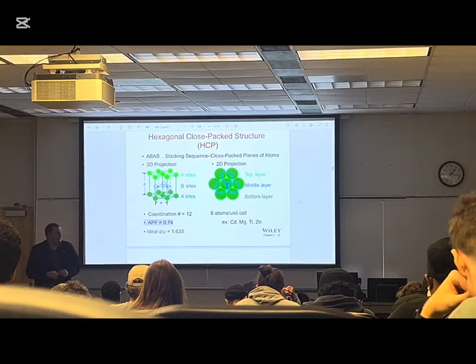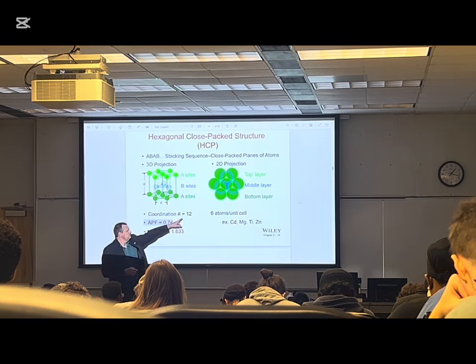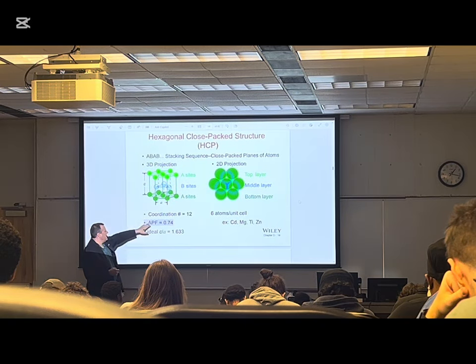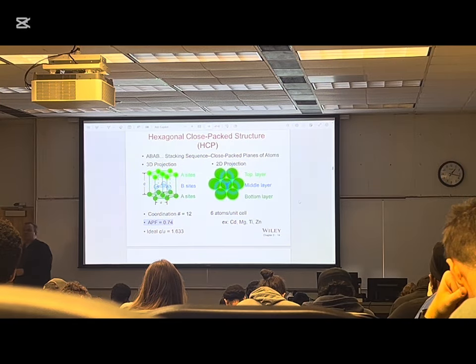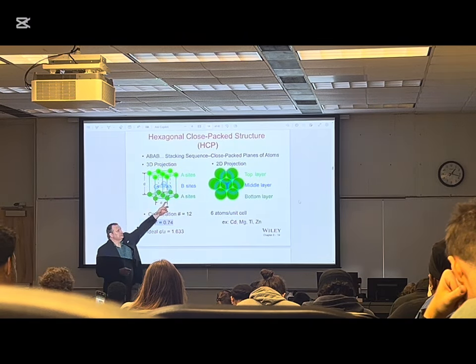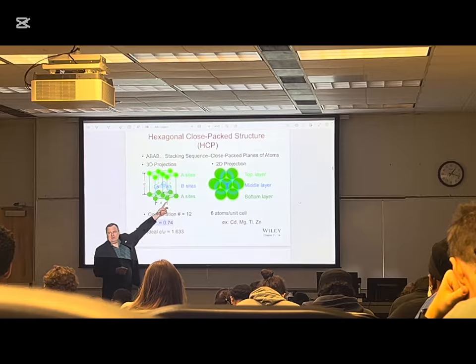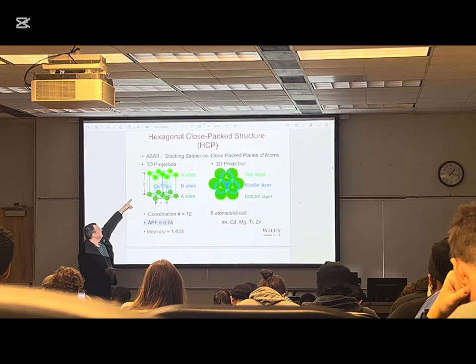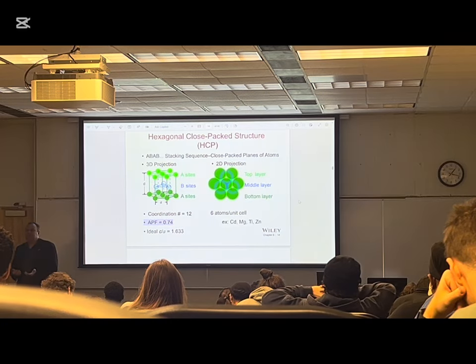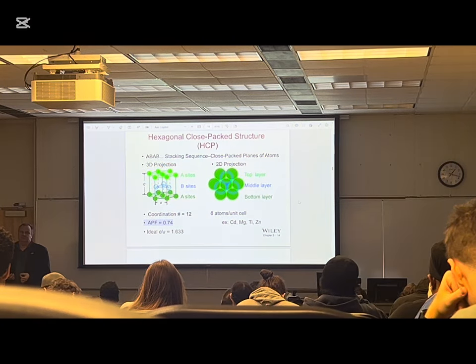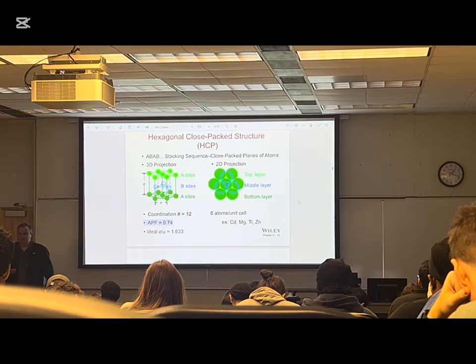It still has the coordination number of 12. The atomic packing factor is 74%. The ideal ratio between a and c, see this is a, the unit cell parameter. We have to introduce another one, which we're going to call c, because there's no other way to describe the structure. I'm passing this around so you can see it.